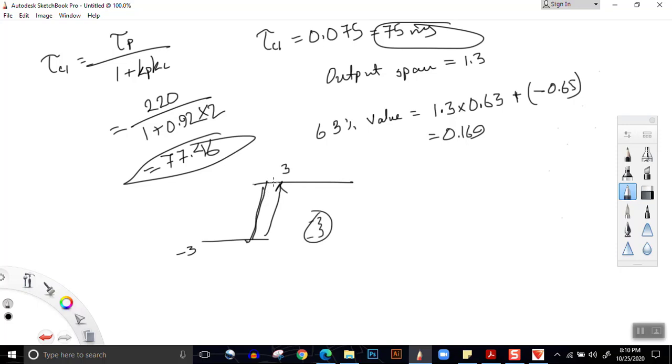And after this 3 volts, you want to stabilize that value. You want to stabilize the output voltage. There is a change of 6 volts here, from minus 3 to 3.